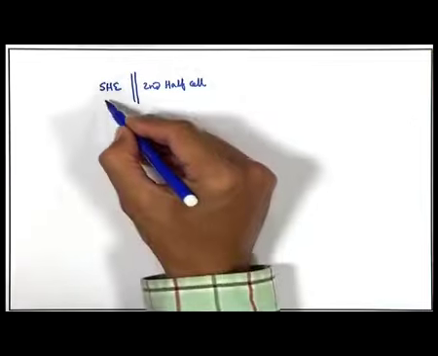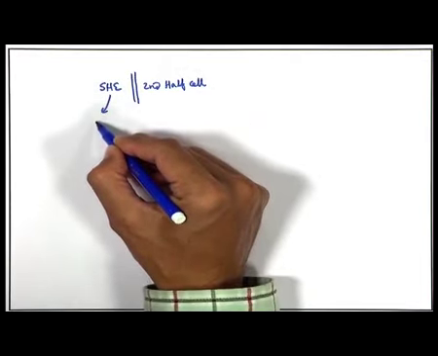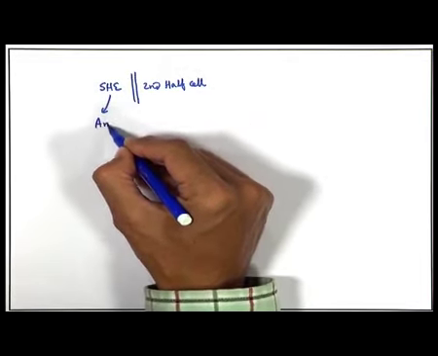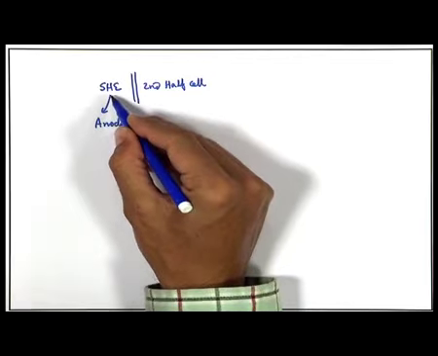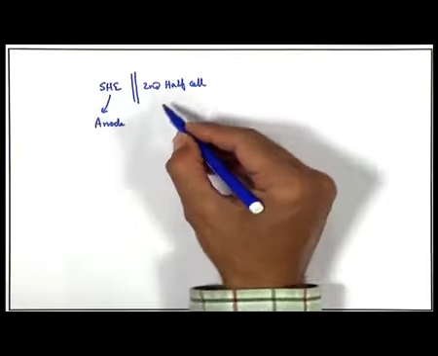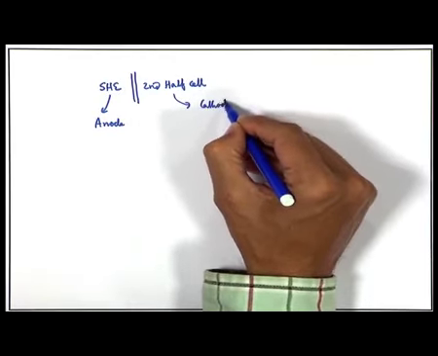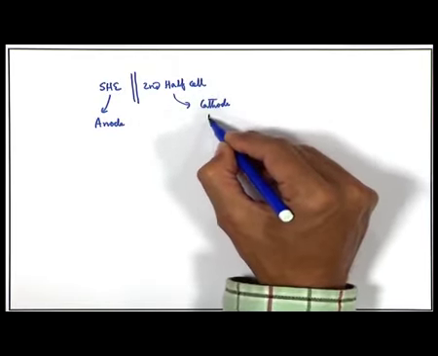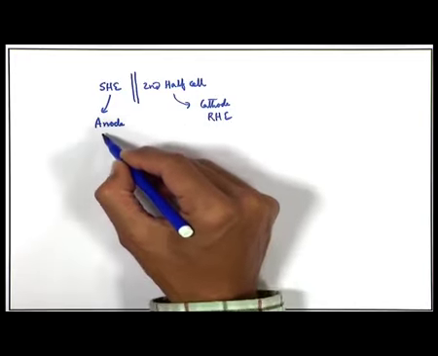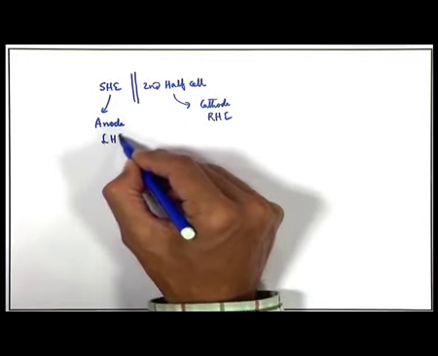Think that this is the anode, that is put on the left hand side, and this is maybe the cathode, the right hand electrode, and this is the left hand electrode.